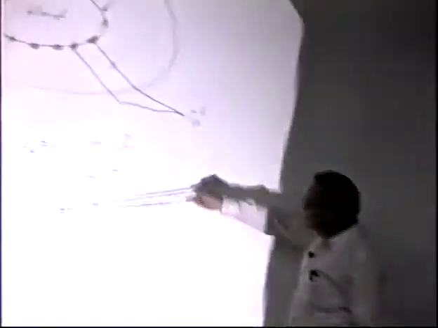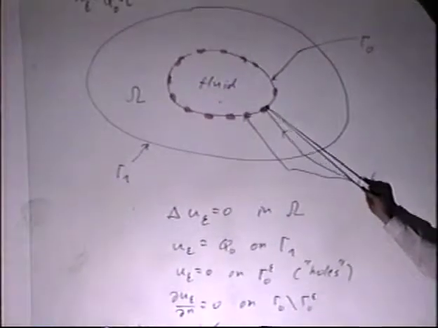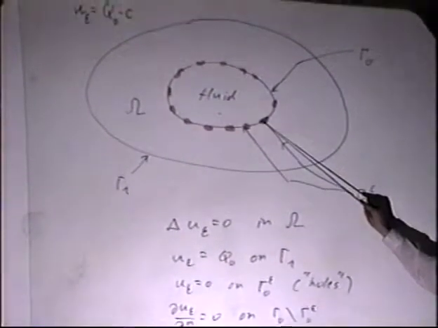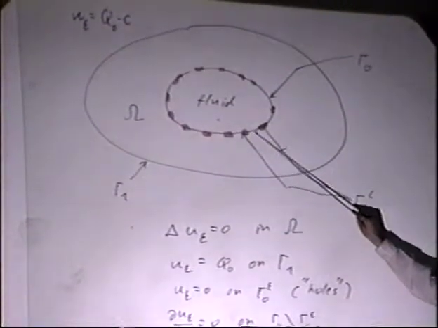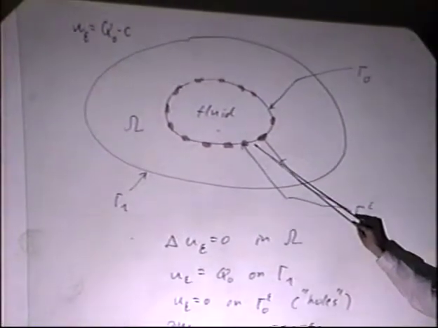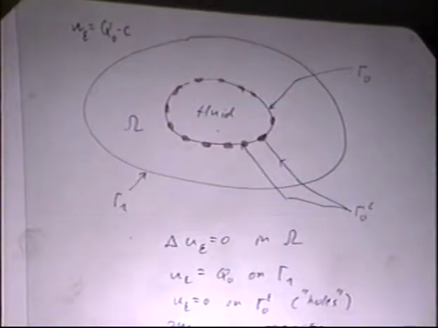So U here is simply equal to 0. But if you look at the part which has no hole, there is no flux of fuel going through this. So the normal derivative is 0.